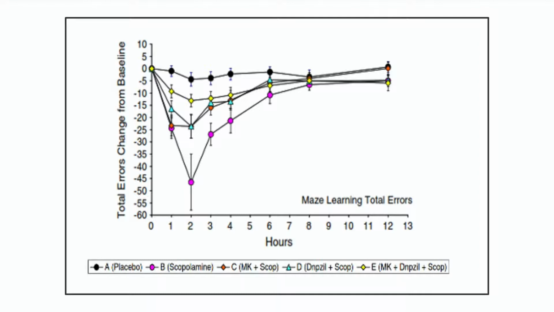And we can see here a reliable and robust reversal of cognitive impairment on a hidden pathway maze learning test designed to assess executive function. And these kinds of data too can give us increased confidence that drugs are having the expected pharmacodynamic effect and provide a strong early signal of potential efficacy.